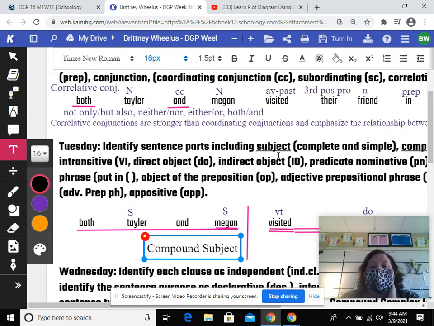When you finish, you can exit out at the top. And I want you to click on Literary Elements Guided Notes.